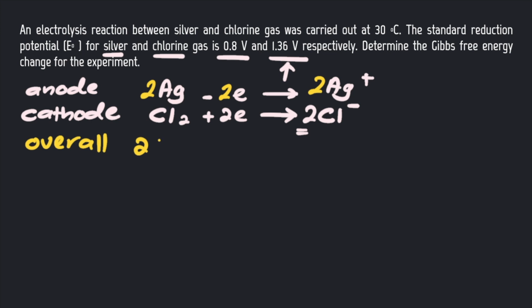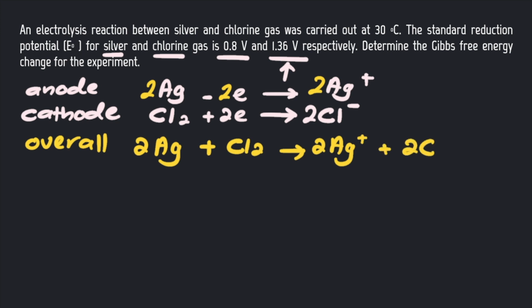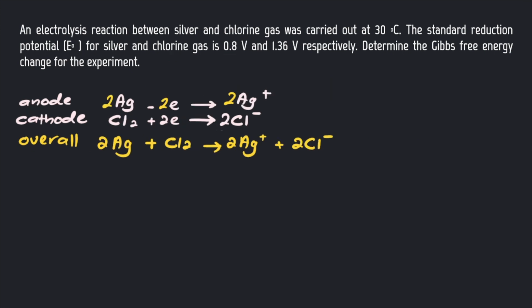So you have 2 silver plus chlorine gas giving 2 silver ion plus 2 chloride ion. Right, next up we are going to put their values.